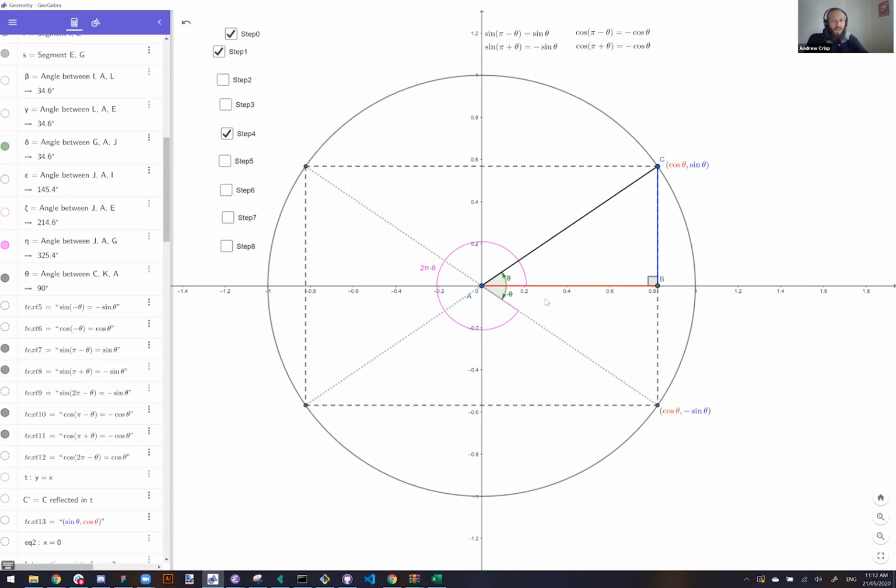Okay. So once again, we think about what horizontal distance I am when I go 2 pi minus theta, so 2 pi all the way around, and then minus theta radians around the unit circle. So I go from here all the way around, and then I come back to here by going minus theta, and I say, how far across am I in terms of horizontal distance?